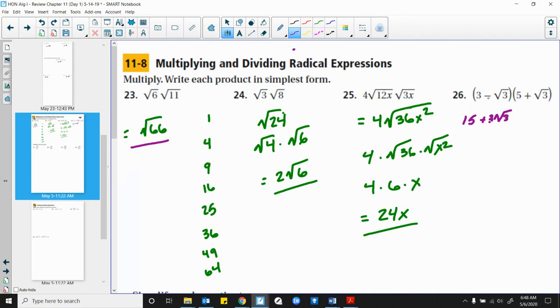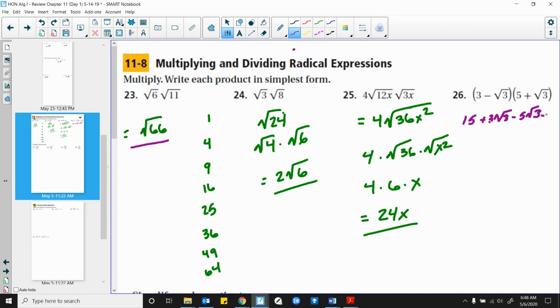Oh no, this is not good. It's disappeared here now. Okay, hold on. All right, and then we've got minus 5 radical 3. And then we've got the last one here. So we did front times front. We did outer times outer. We did inner times inner. And now we're going to do last times last.